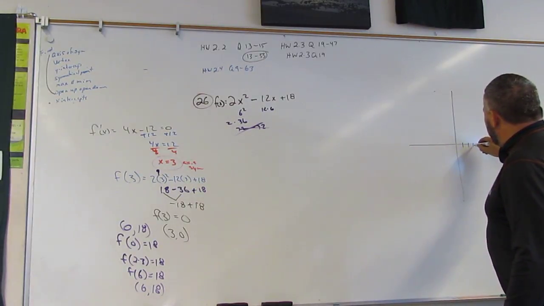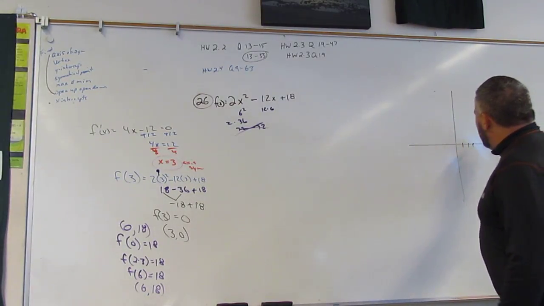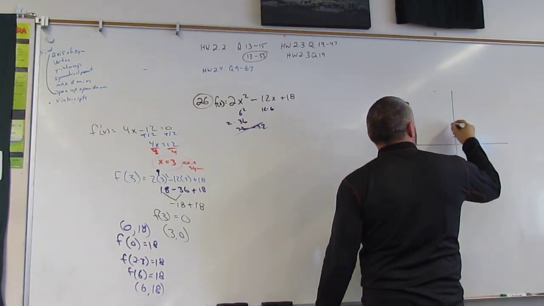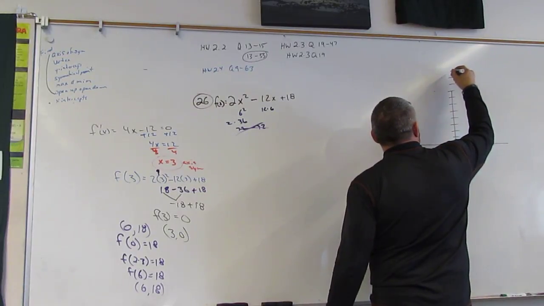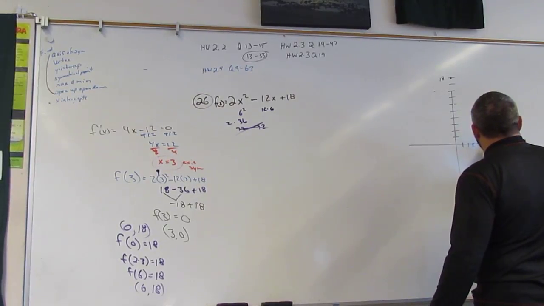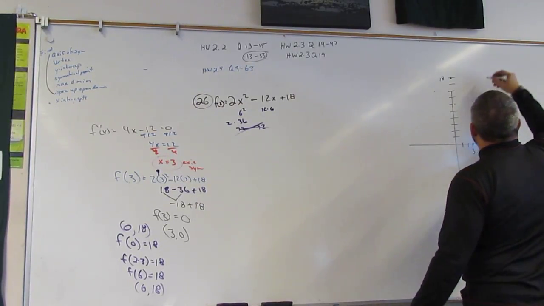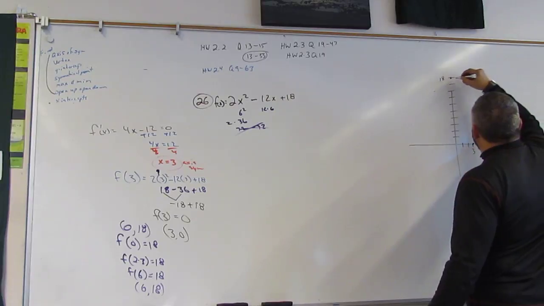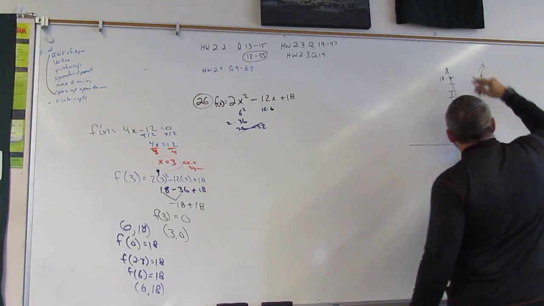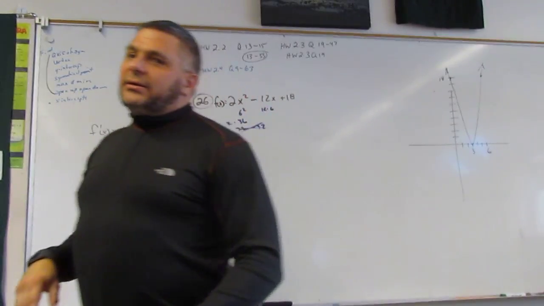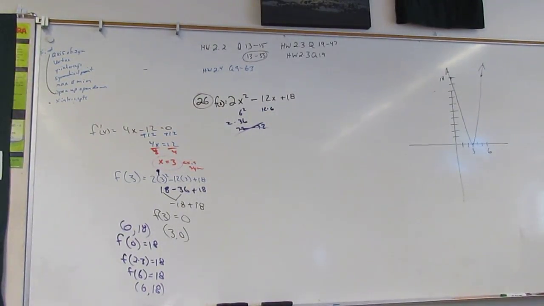1, 2, 3, and then 2, 4, 6, 8, 10, 12, 14, 16, 18. 1, 2, 3. So that's 3, that's 6. So it's coming down, it's touching, and it's going through. Where is it crossing the x-axis?